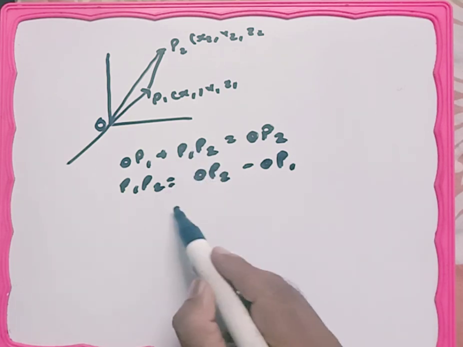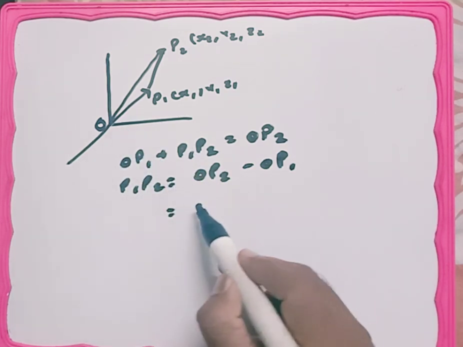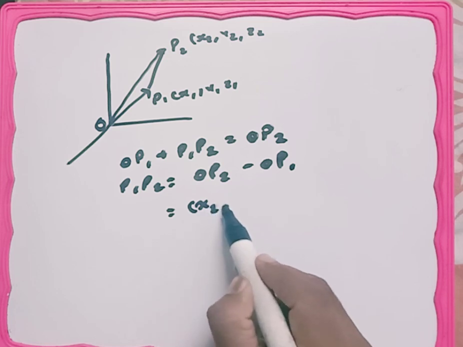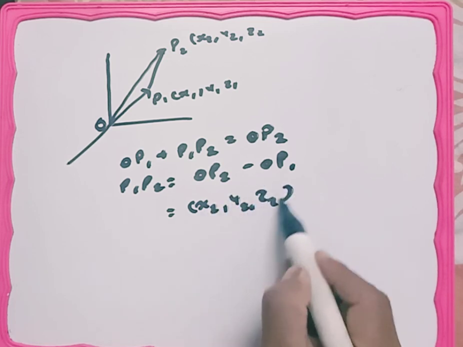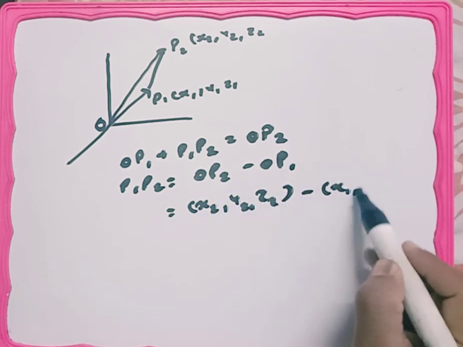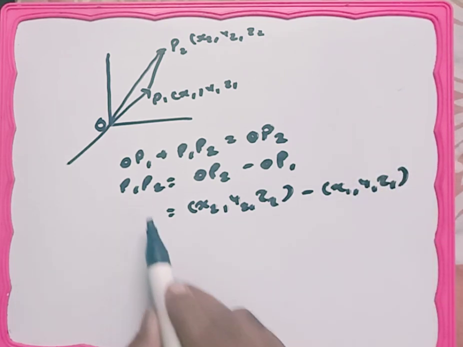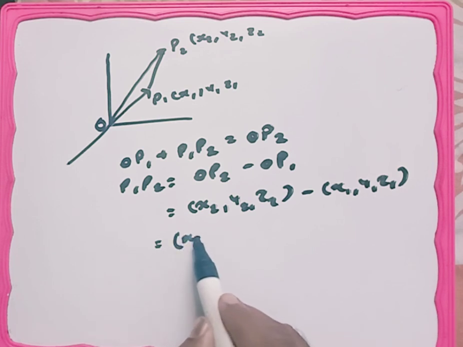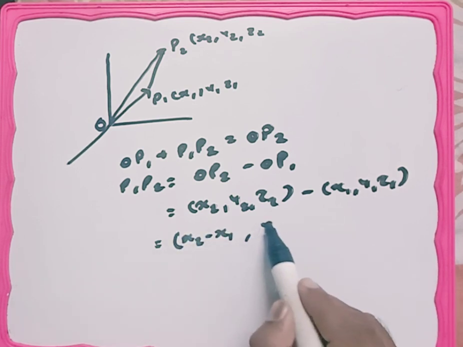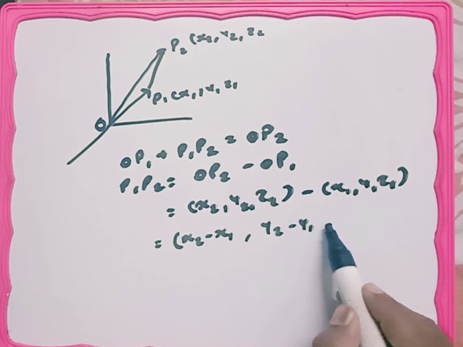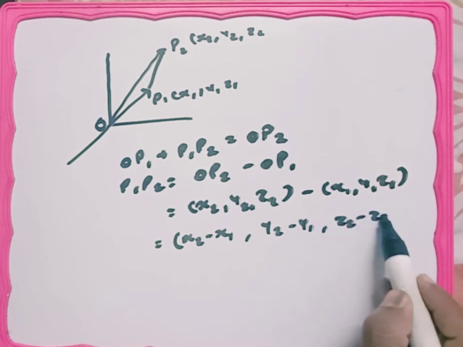So OP2 with the origin will be x2, y2, z2 only, and OP1 is x1, y1, z1. And so the vector joining 2 points will be x2 minus x1, y2 minus y1 and z2 minus z1.